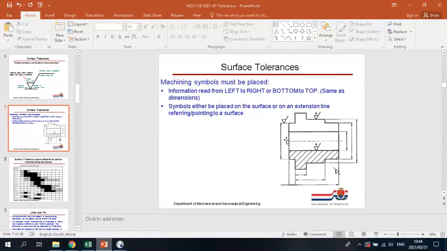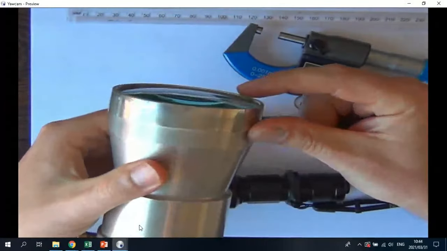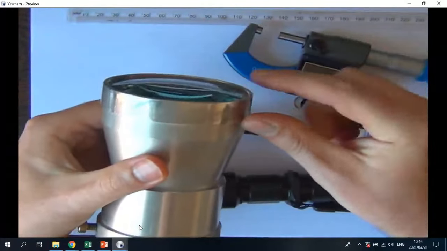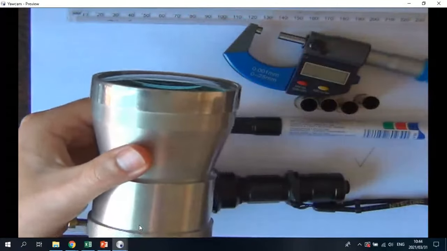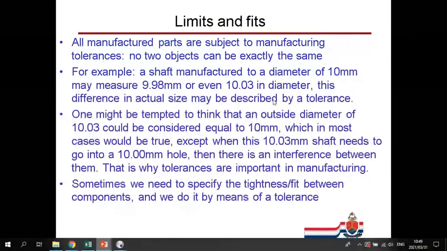Another place where these symbols would be very important with a very low number would actually be on the magnifying glass itself. Obviously, it has to be as smooth as possible so that it can gather the light and focus it correctly.